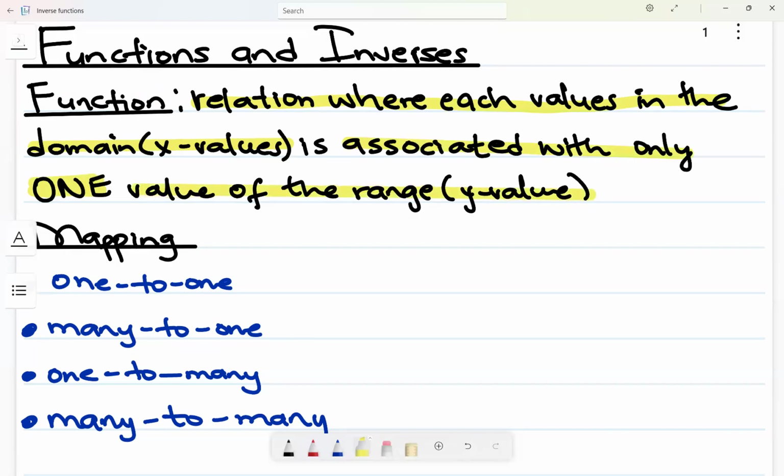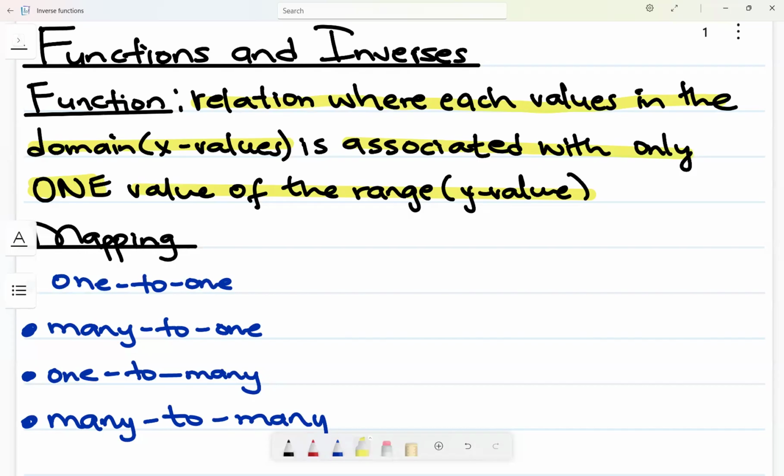To consider a graph as a function, you need a graph such that when I input a value of x, I get only one value of y. Or when I input many values of x, or two values of x, as long as I get only one value of y, that is what we consider as a function, okay?